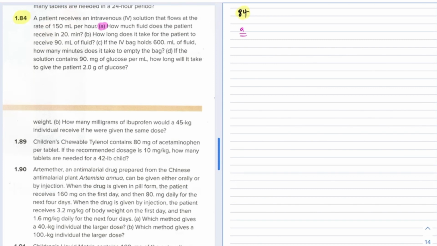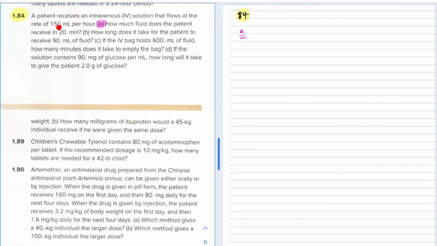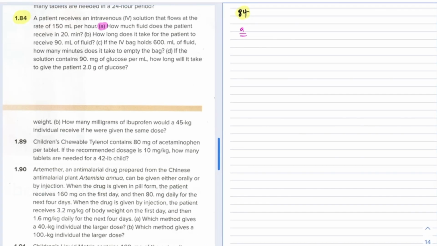Okay, A. Now if you get 150 milliliters per hour, then how much do you get in 20 minutes? So 150 milliliters per hour, that means if it goes for 1 hour, then you're talking about 150 milliliters of fluid. Okay, now we know, and what we're trying to do, by the way, is, well, how much fluid in 20 minutes?